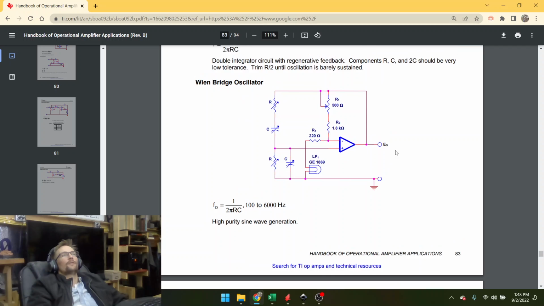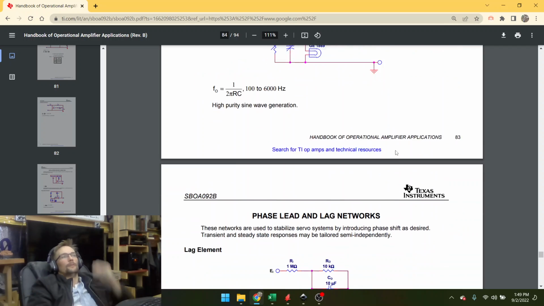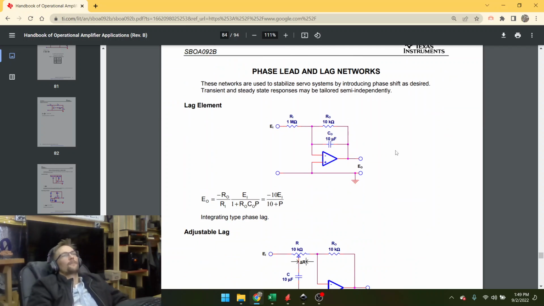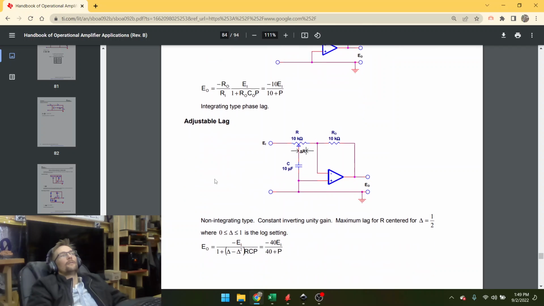Wien bridge oscillator. Phase, lead, and lag networks. Lag element. Super big capacitance. It's lag. Capacitance is lag. Inductance is lead.